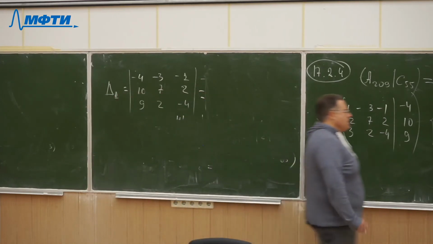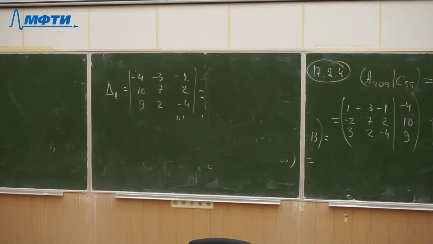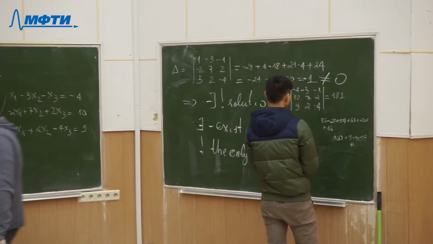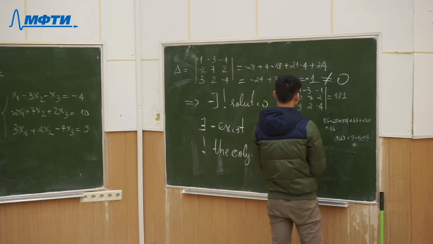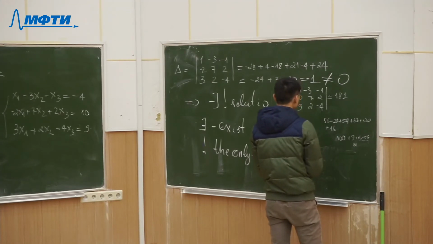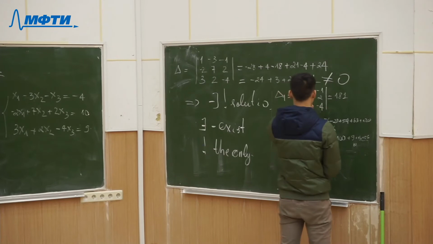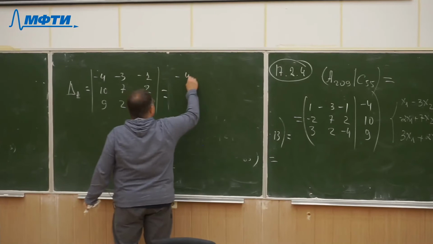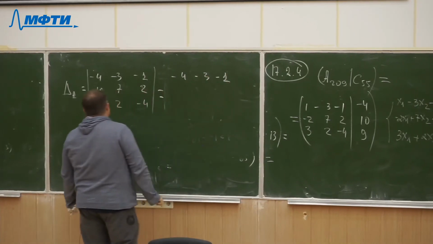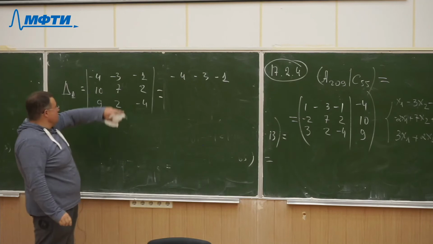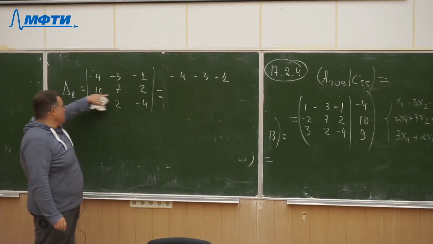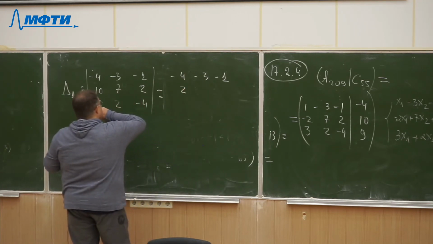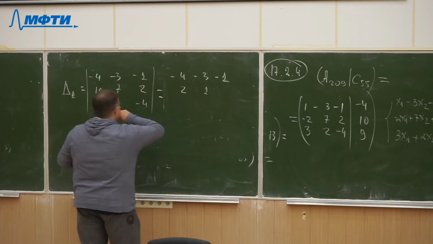You see, you made a mistake here. Minus 3 here. So, I repeat your mistake. What we have? We have minus 4, minus 3, minus 1. Then multiply the first row by 2 and add to the second row. 2, 1, 0.